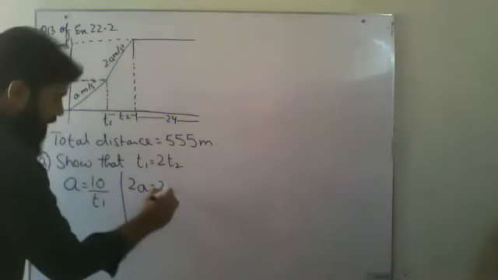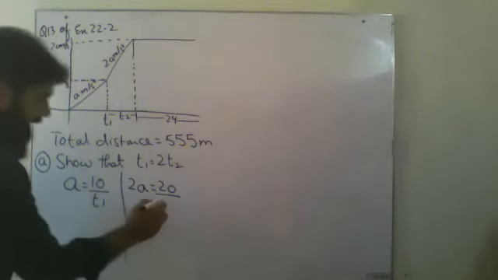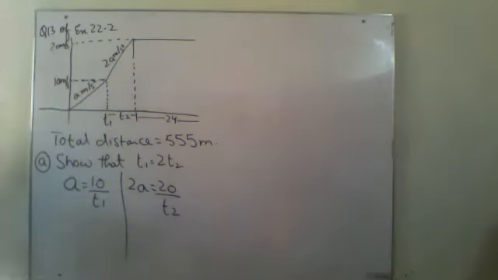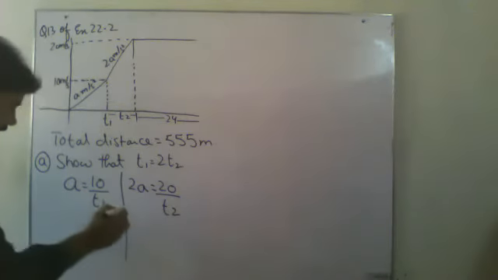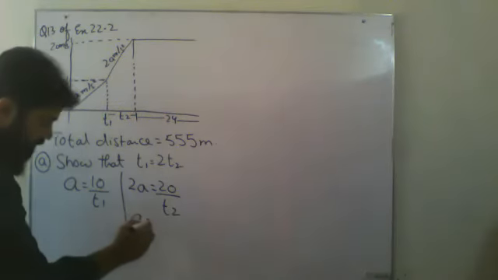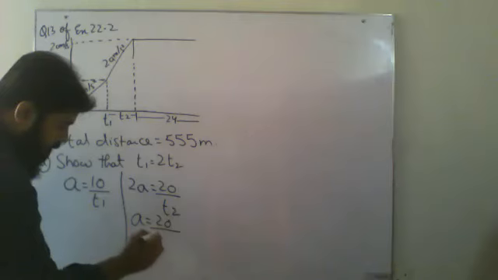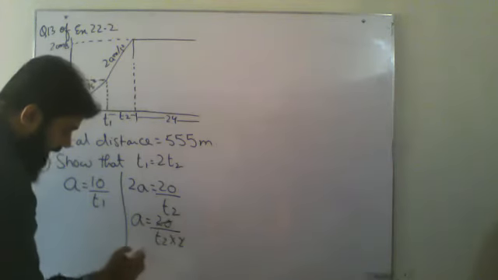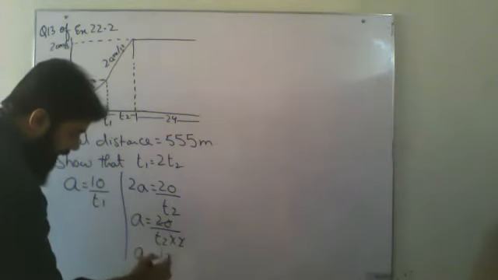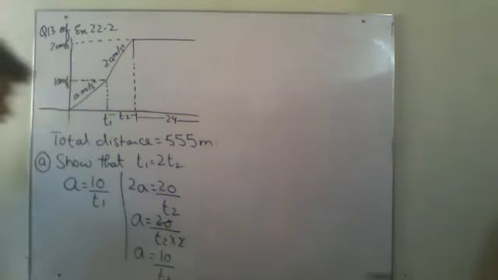Velocity is 20. Time is T2. Okay. So if I shift this over here, A equals to 20 over T2 multiplied by 2. This and this will be cancelled. A equals to 10 over T2.